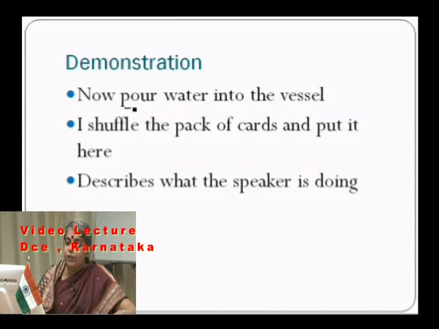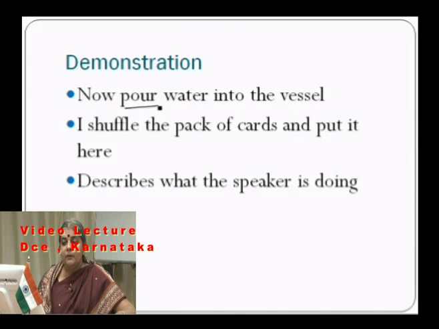There is a demonstration that is happening. Probably a recipe is being told. Now what is he doing? He is pouring the water into the vessel. Here in demonstration, the speaker is describing the action. So that is how the demonstration is being shown.